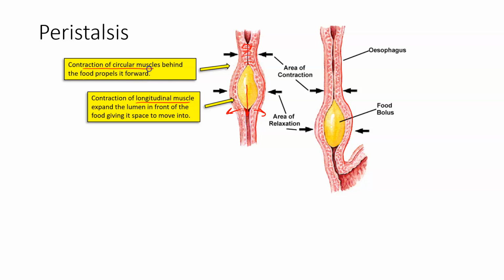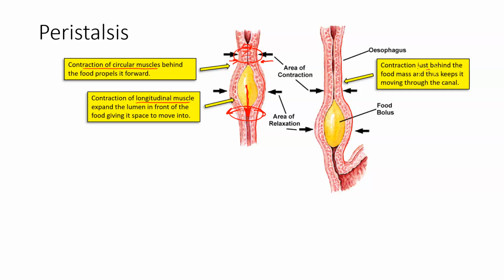The contraction of the circular muscles behind the bolus actually pushes in and increases pressure by decreasing the volume of the lumen, and so by simultaneously increasing pressure in this location as well as decreasing pressure out in front of the bolus, it actually causes, due to this muscular contraction, the sliding of that bolus down this tube.